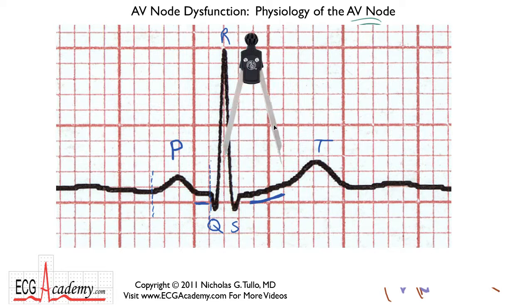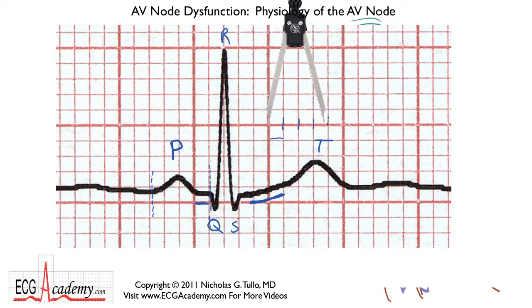So let's bring our calipers over and we'll put the first point right where the P wave leaves the baseline, and the second point we place right where the Q wave starts, where the QRS complex leaves the PR segment. Then we'll take our calipers and put one point on a heavy line, and we can measure the number of milliseconds. Remember, each 1 millimeter small box is 40 milliseconds, so you have 40, 80, 120.